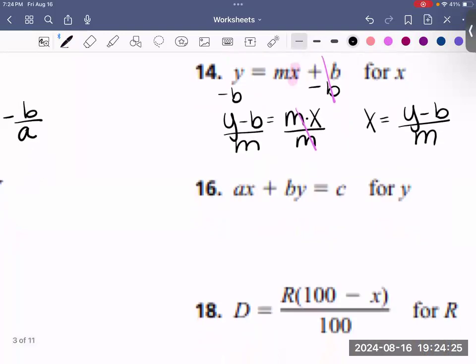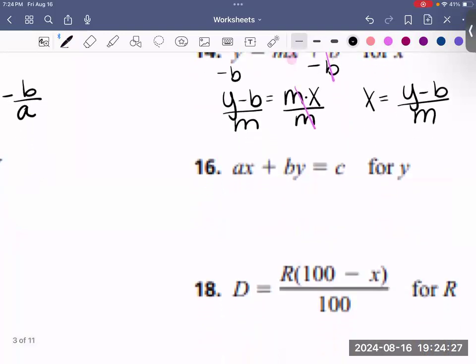Now let's take a look at 16 below. We have AX plus BY is equal to C, where we're solving for Y. Notice that again, you have something that is being added or subtracted by your term. So we can go ahead and subtract that whole thing to the other side.